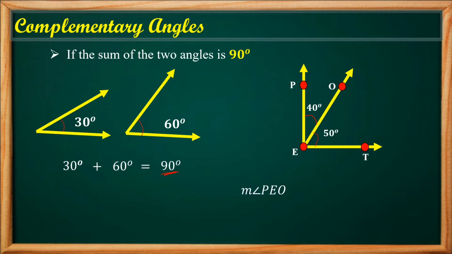Then the measure of angle PEO plus the measure of angle OET is 40 degrees plus 50 degrees, which is equal to 90 degrees. Then these two angles, PEO and OET, are complementary angles. That is an example of complementary angles.